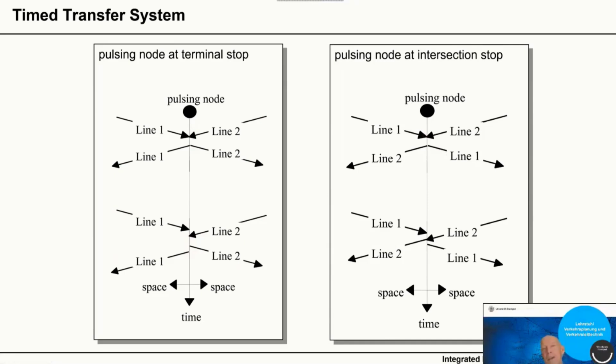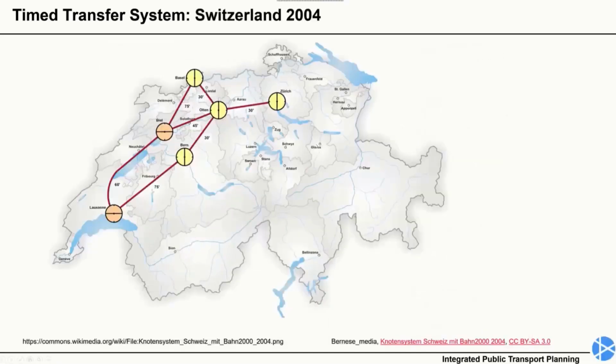Now, you can achieve that either by running optimization algorithms, optimizing your timetable, or you can do it the way, for example, the Swiss do it. You can do it not just by timetable planning, but also by network planning.